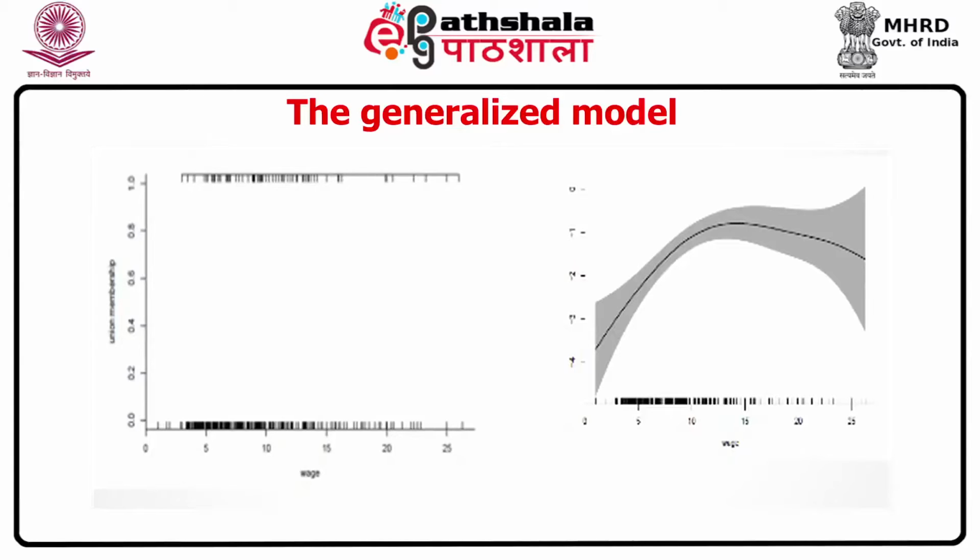In the first panel, I have shown a scatter plot of the data, and unlike with continuous data, the scatter plot is not helpful at all because the outcome, union membership, yes or no, clusters at two values, 0 and 1. So we cannot really visually smooth the scatter plot as we have done for the case of a continuous outcome. However, I can continue to use the idea of spline regression, and here is the answer from this fit.